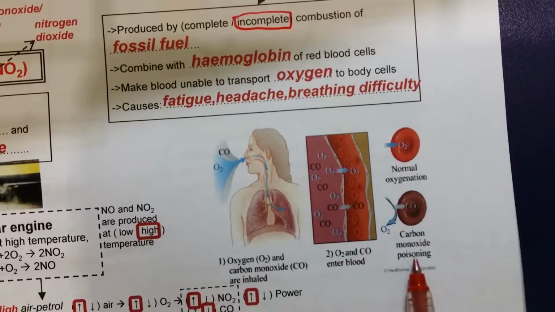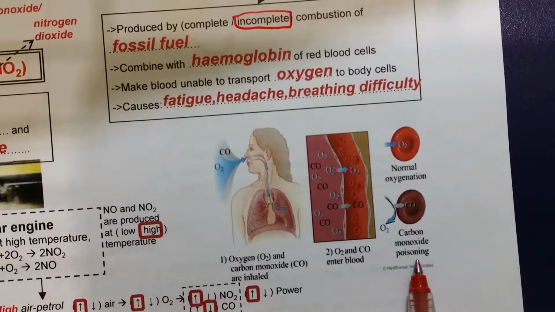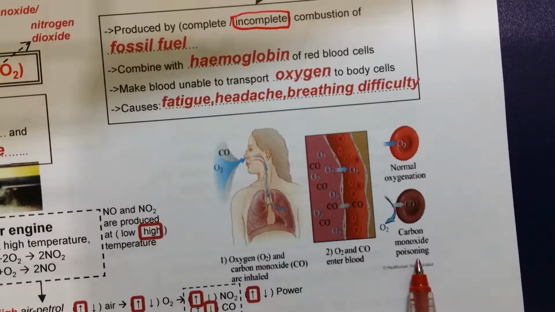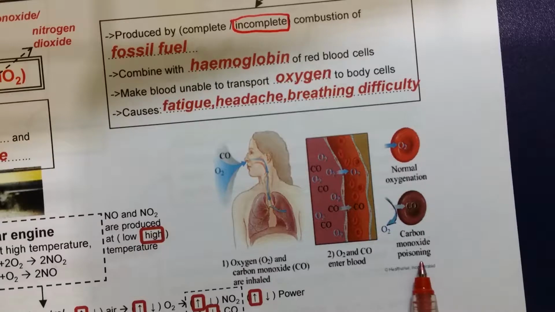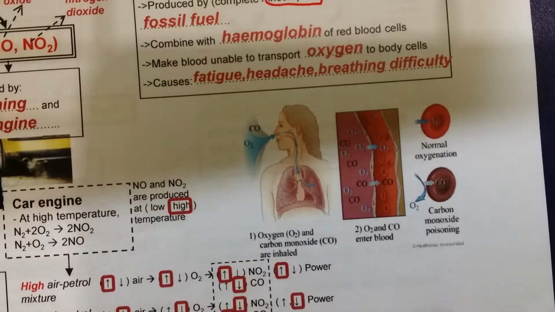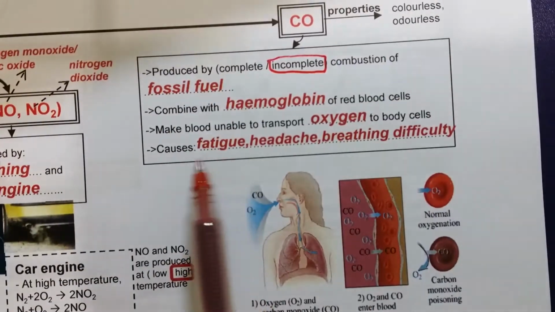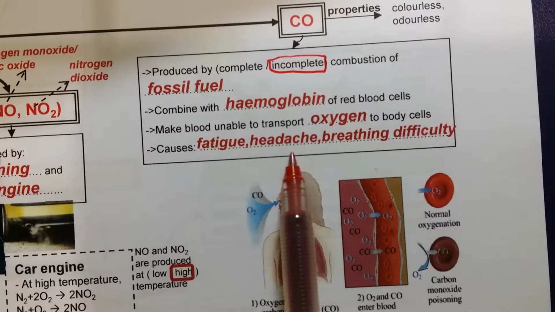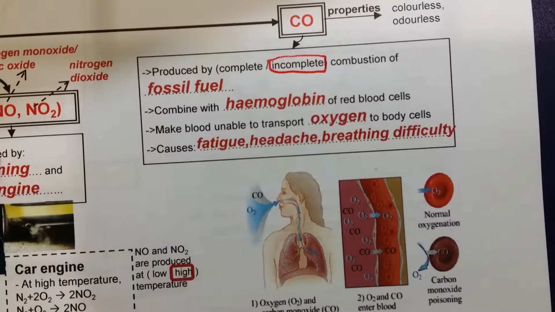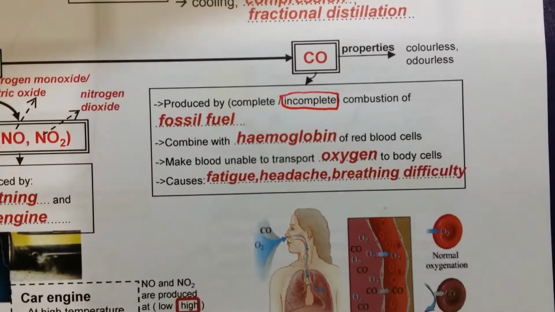So you will have carbon monoxide poisoning, and all your other body cells would not get enough oxygen. In short, your body cells will be deprived of oxygen, and then you will die. Okay, so this carbon monoxide poisoning causes fatigue, headache, and breathing difficulty.